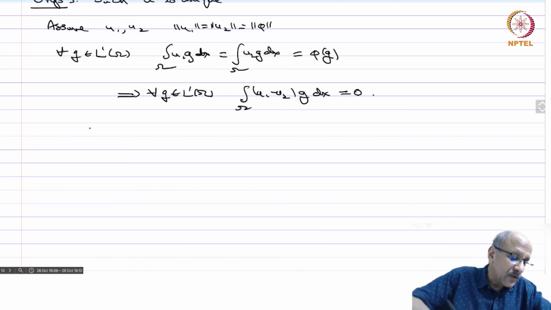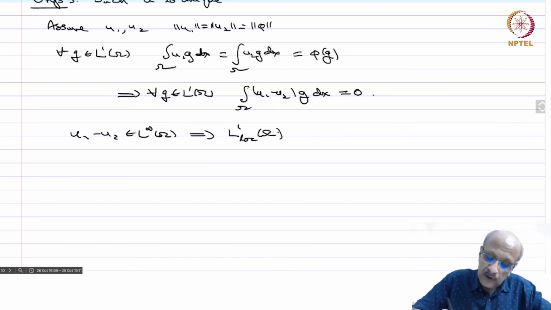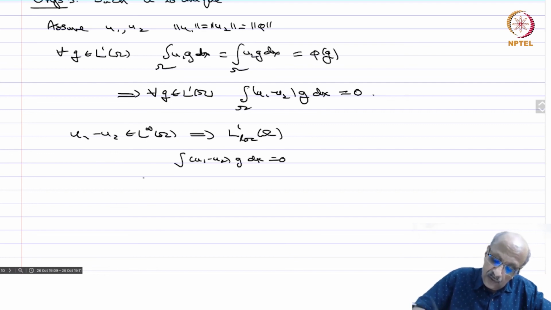Okay, so what does this mean? Now u1 minus u2 is in L infinity of Omega, so they are bounded, so on any compact set they are integrable. Therefore they belong to L1 loc of Omega, because they are bounded functions on any compact set of finite measure. And the integral of (u1 minus u2) g dx equals 0 for all g in L1, therefore in particular for all g in C_c of Omega.